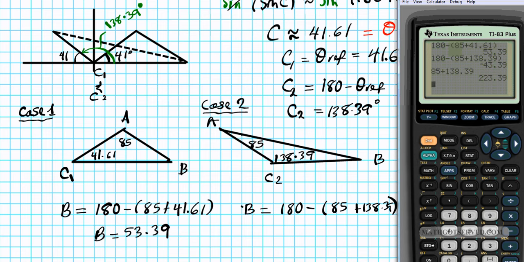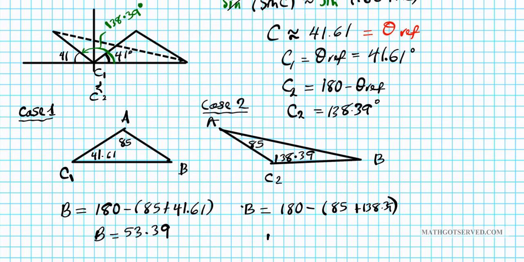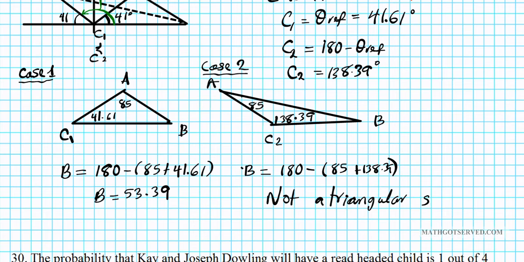So this is not a triangular solution, since B is negative. You cannot have a negative angular measure.